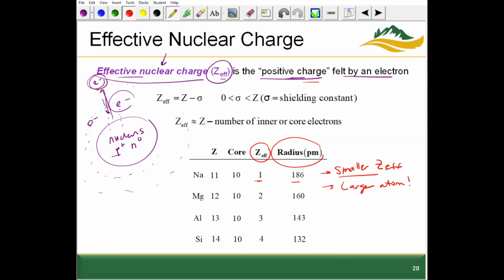So less pull towards the nucleus leads to a larger atom. Those electrons are not held in as tightly when there's a smaller effective nuclear charge. For a larger effective nuclear charge, we have a smaller radius because those electrons are pulled in more tightly towards the positively charged nucleus, leading to a smaller atomic radius.